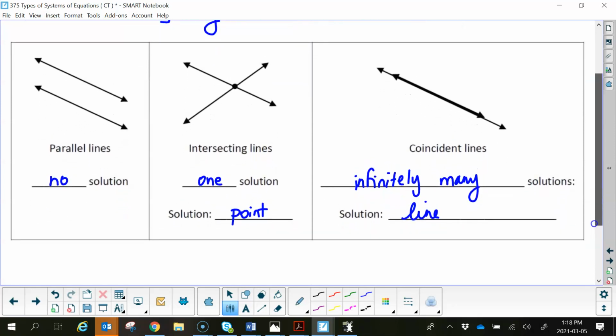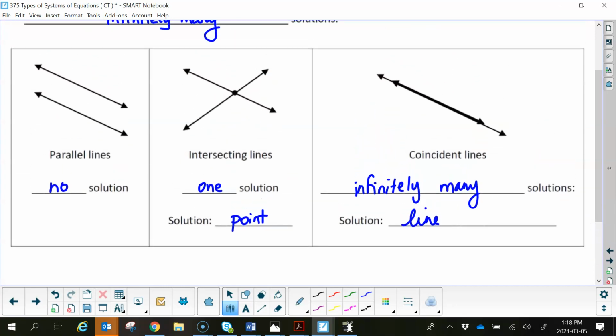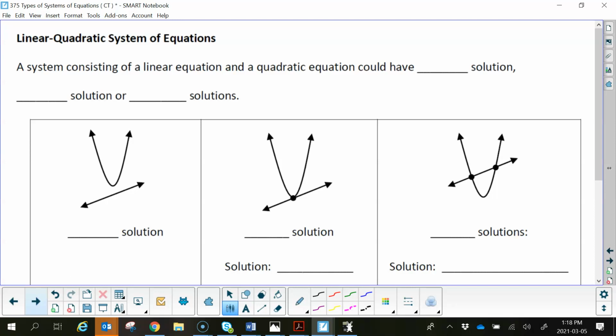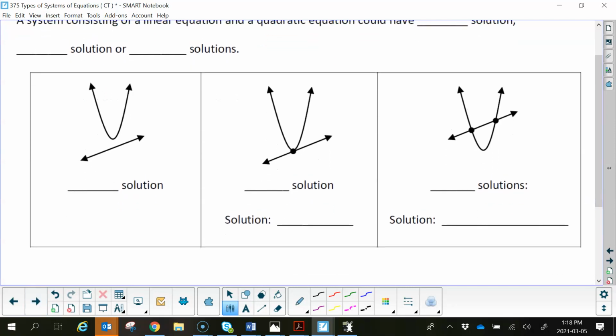Okay, so that's a review from Math 10. Then, linear quadratic. Now that we know all about quadratics, it's easier to think about what's happening. Here are the three cases. A parabola with a line that doesn't touch it has no solution. You could be given those kinds of questions on a test.